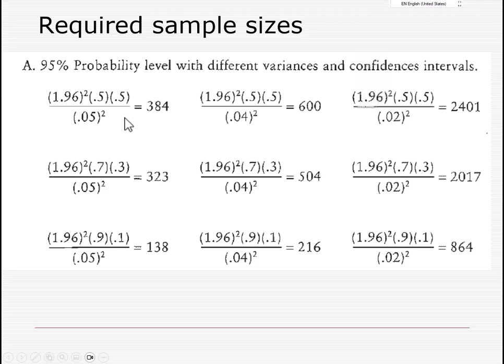If you want a margin of error of 5%, which is here at the top, your sample size is 384. So for an infinite population, it doesn't really matter the size of the population as long as it's very large. You need 384 participants for a confidence interval of 5%. For 4% you need 600. For 2% you need 2,401.